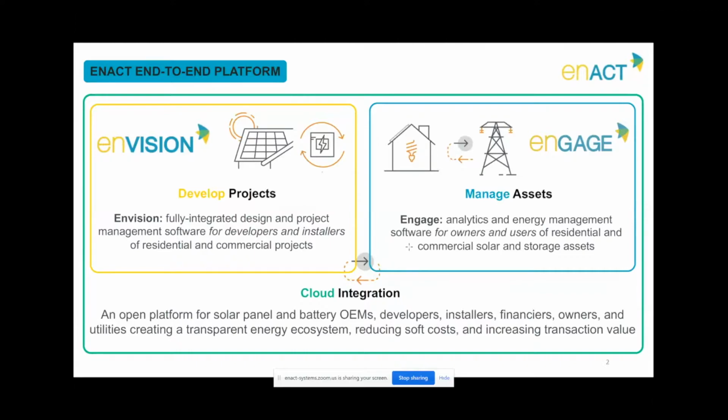You can show that to the customer, and then you can track the workflow of the system. After the installation, you can also track the performance of the asset from Engage. All this happens on the cloud, so you don't have to install any specific software. You also get an app to view the performance of the system.